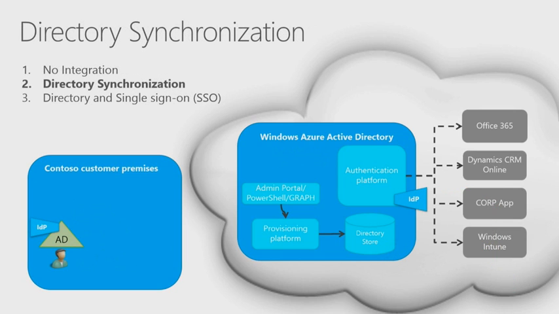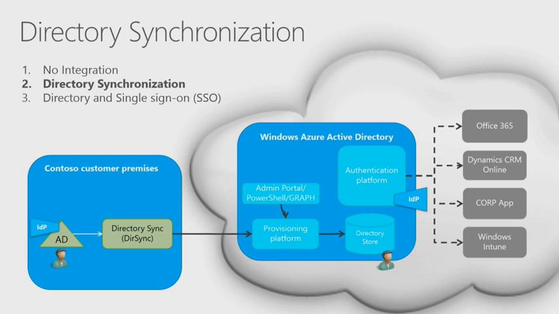The next option is directory synchronization. This is what I see a lot of customers doing because, quite frankly, it's the easiest. What happens here is you install this DirSync tool on your domain controller, I'm sorry, not on your domain controller, on a member server inside of your domain. It will do a one-way synchronization for that user up to that Windows Azure Active Directory database.